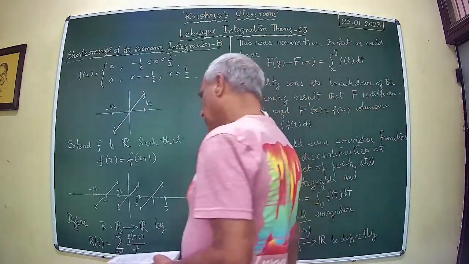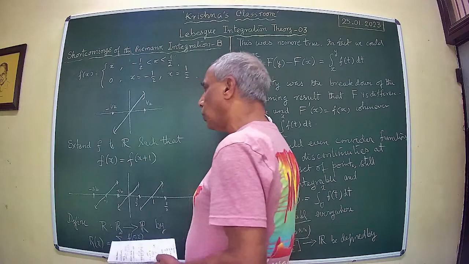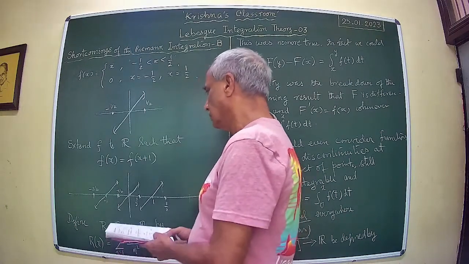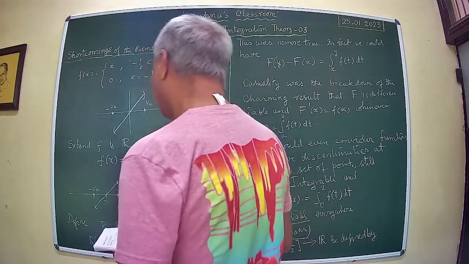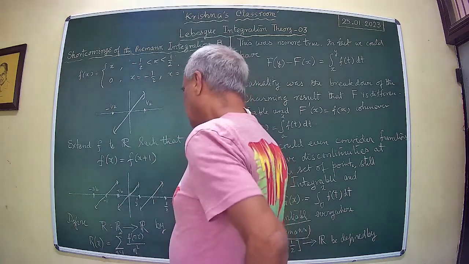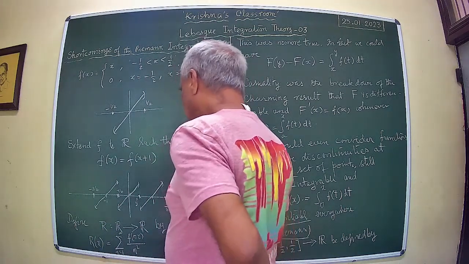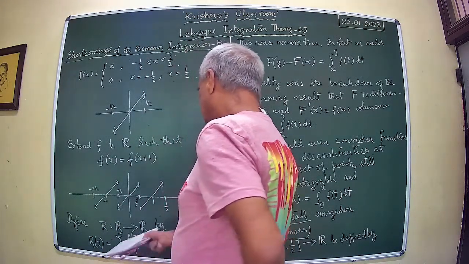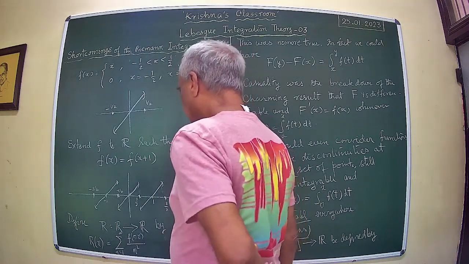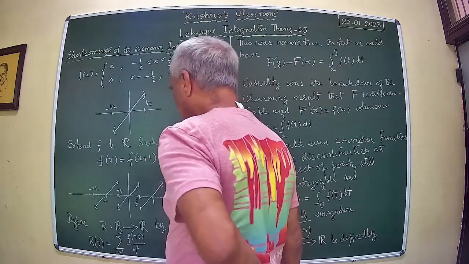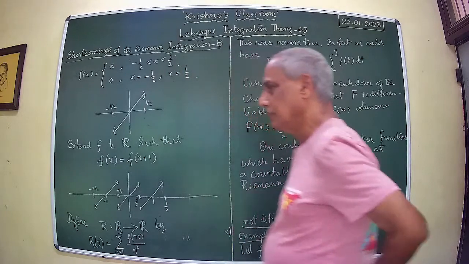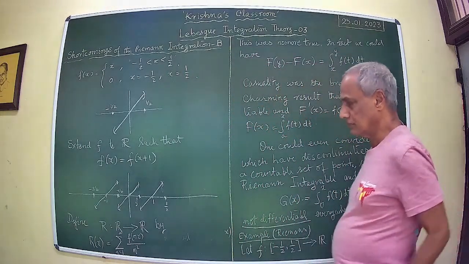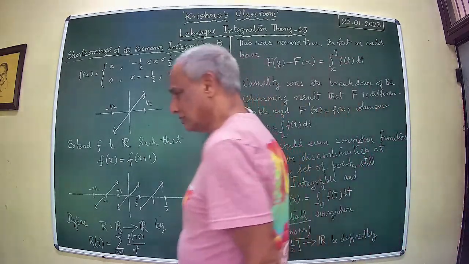Why? Because f n x is bounded by, in fact, half. Okay, therefore it's quite easy to see that the series that you get will be majorized by something like M into the sum from n equal to 1 to infinity of 1 by n square.